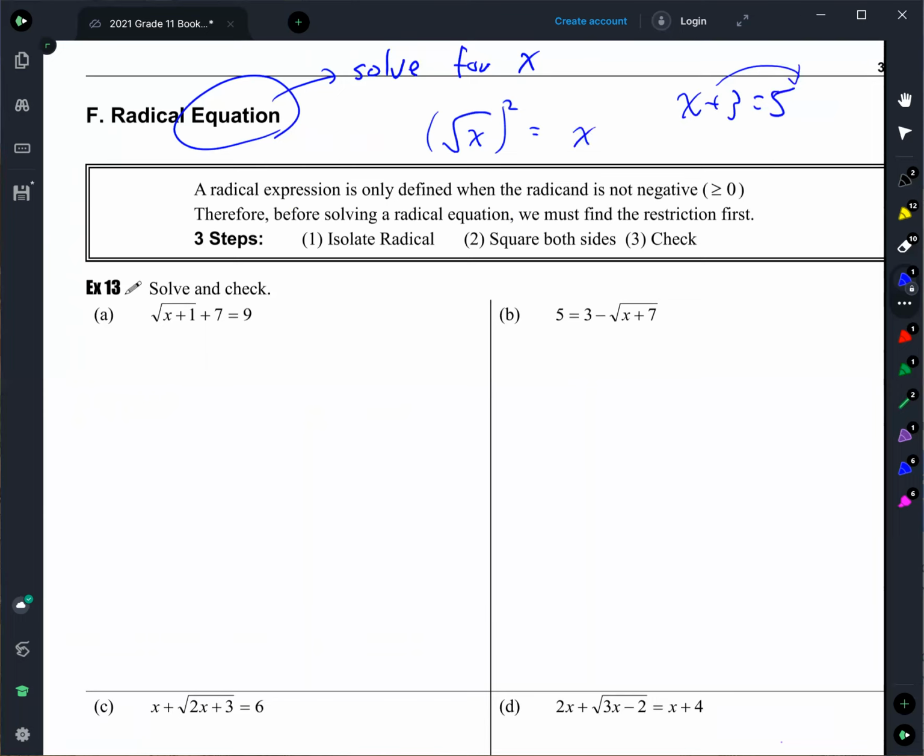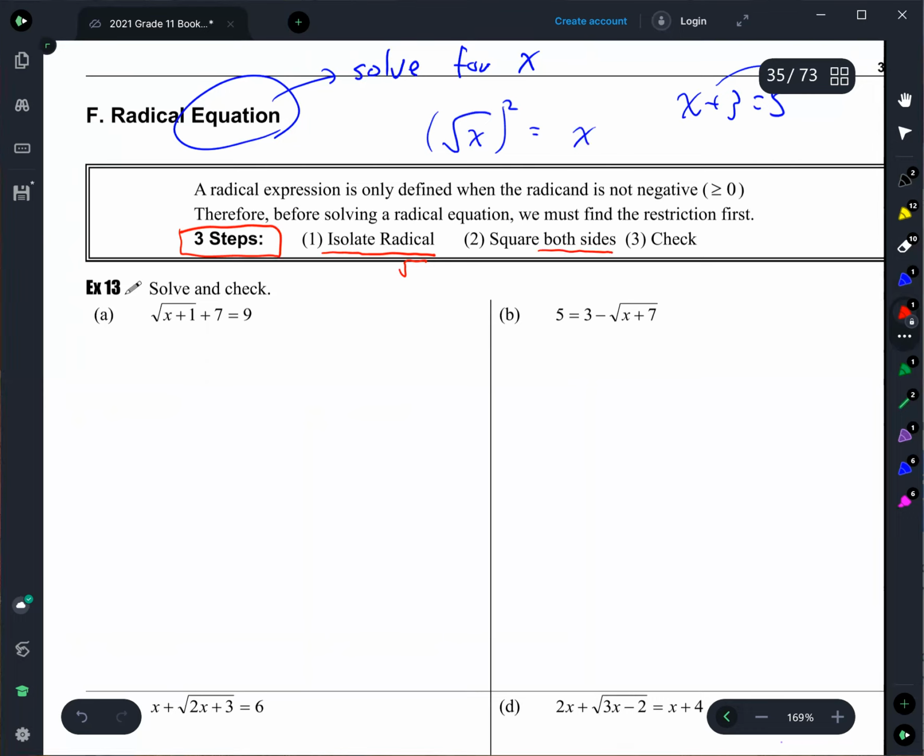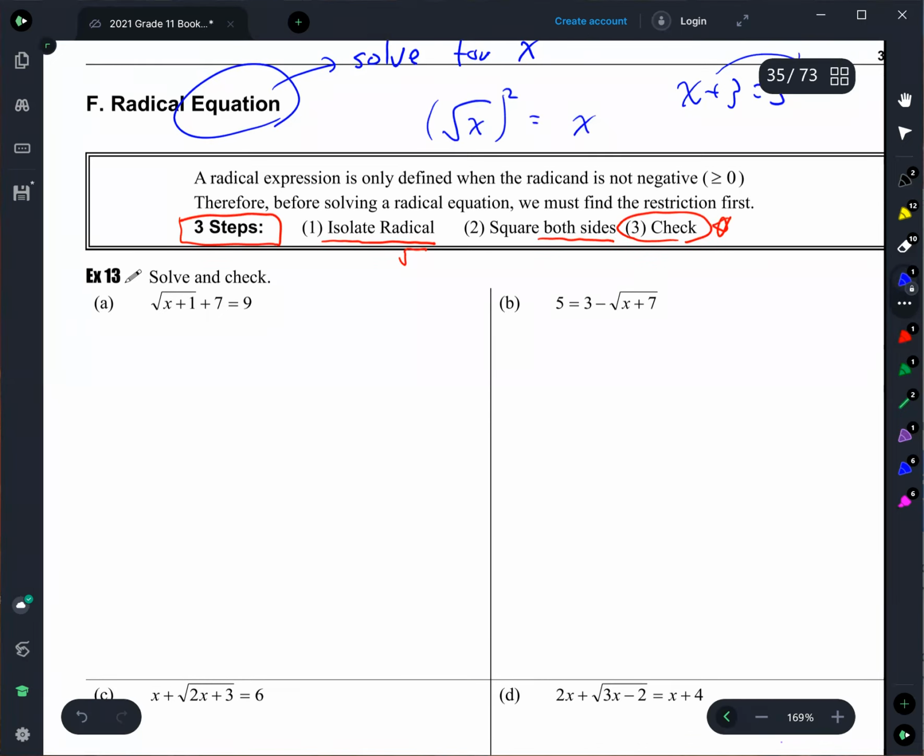But before we can do that, we need to isolate this radical. So here are 3 steps. First, isolate the radical, keeping the radical by itself, and then square both sides. And at the end, we always need to check the answers. Later I'll explain why we need to do that. So let's take a look at the first one.